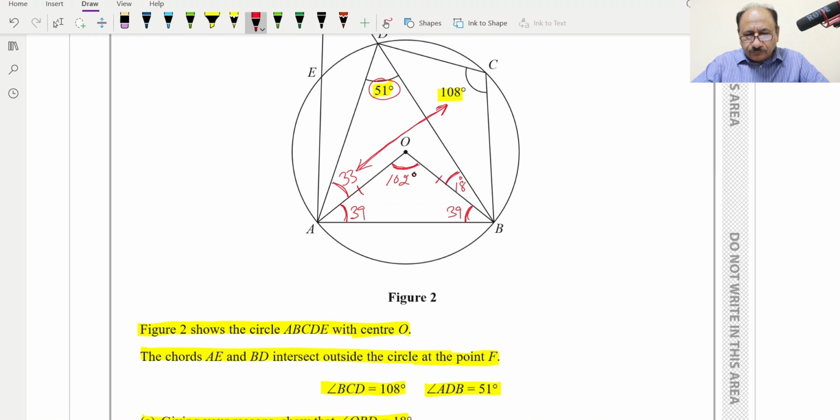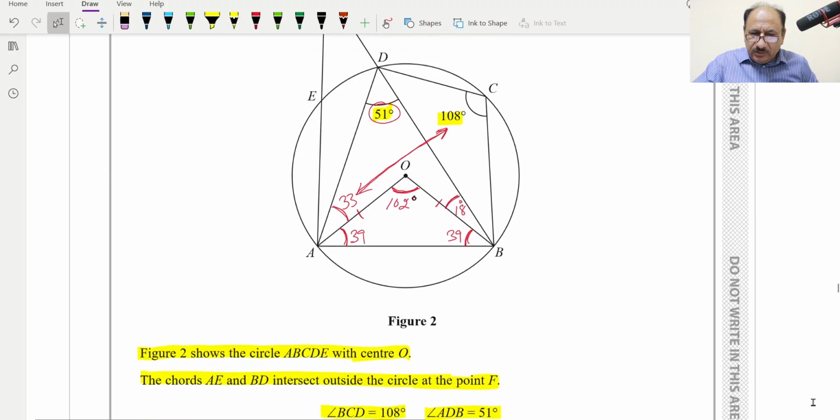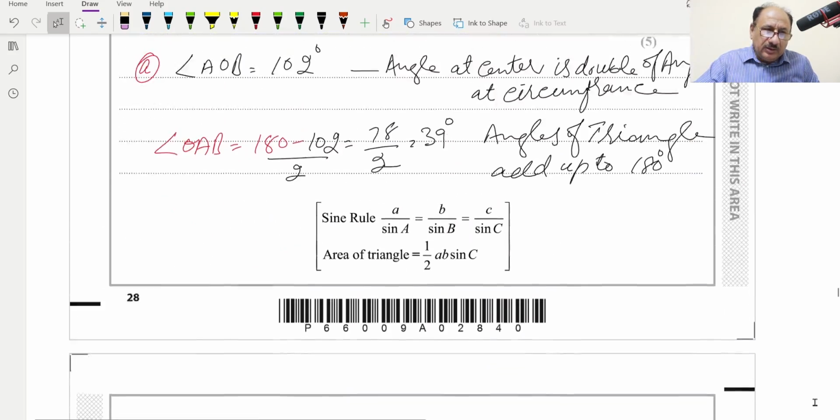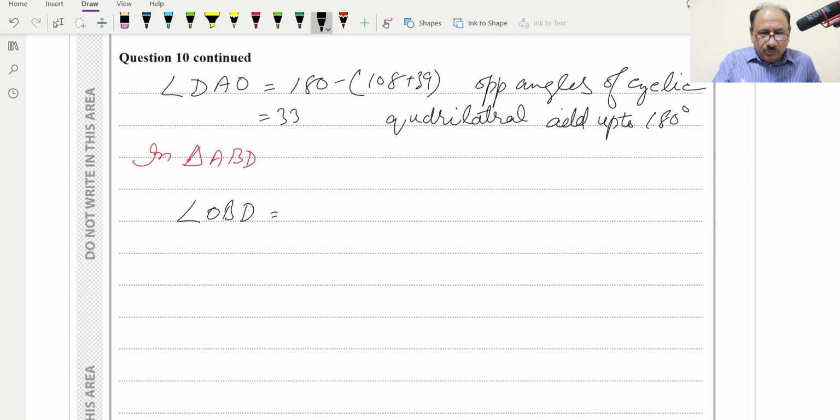Now we can consider triangle ADB. In triangle ABD, we can write angle OBD is equal to 180 minus all the other angles.